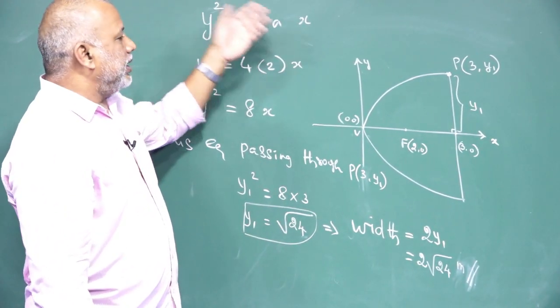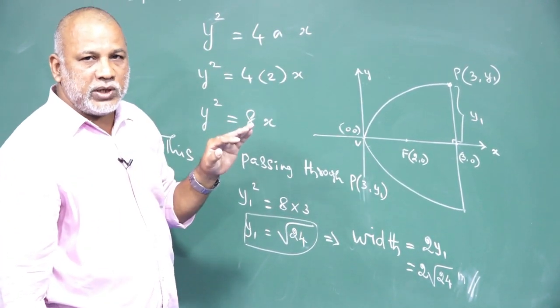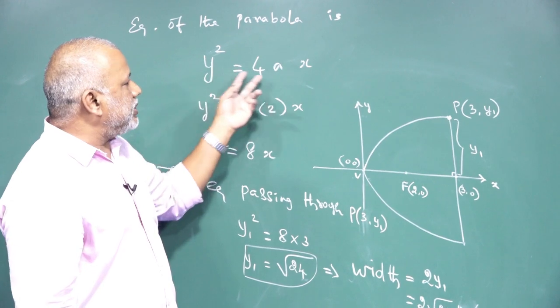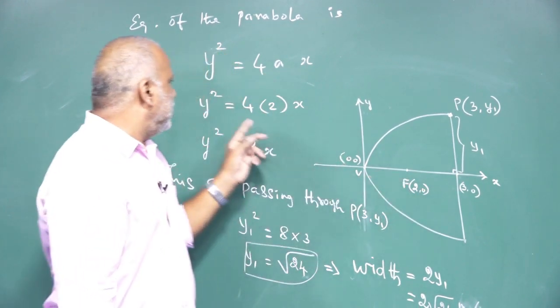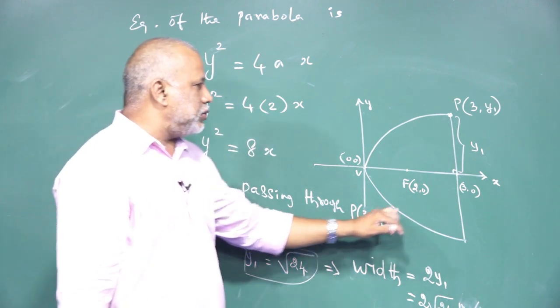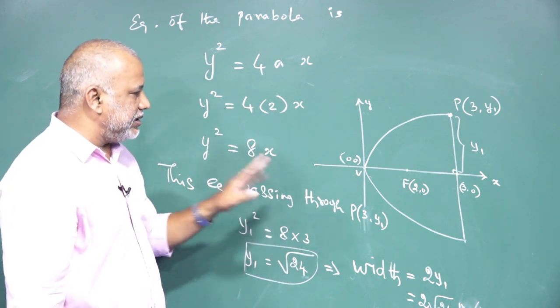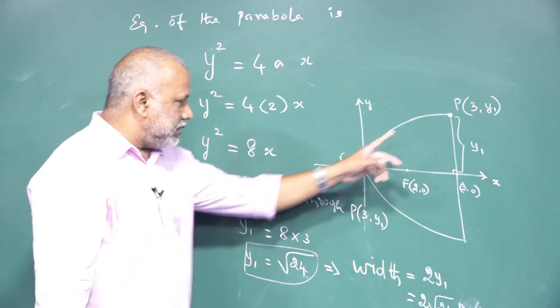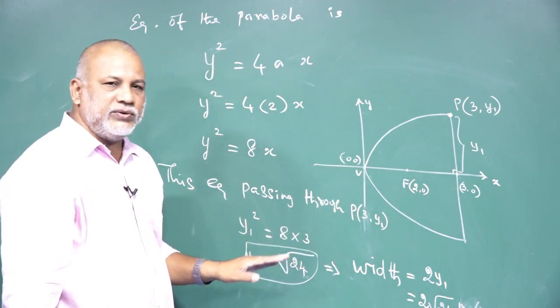Once again, listen, we need the equation of the parabola. The equation of the parabola is y squared equal to 4ax. Substitute the value of a here, a equal to 2, that means 4 into 2, y squared equal to 8x. This equation passes through the point (3, y1). So substitute here, y1 squared equal to 8 into 3, which is 24. y1 equal to square root of 24.